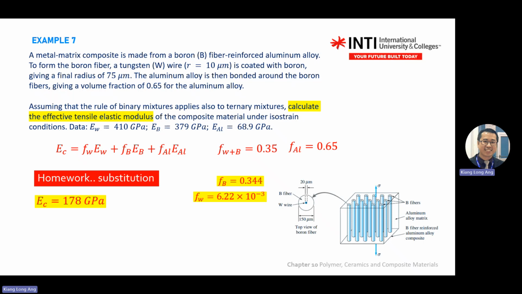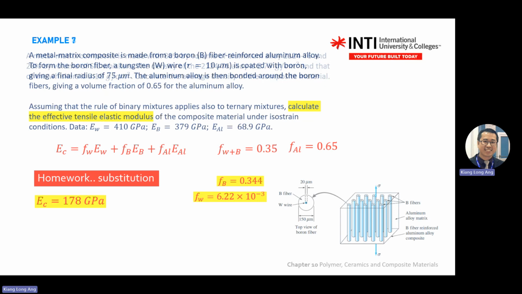So this one you can substitute as either B or W. It doesn't matter, you can flip the sequence, as long as you know what is fiber and what is matrix. This is very near to industry, because industry won't use only one material.